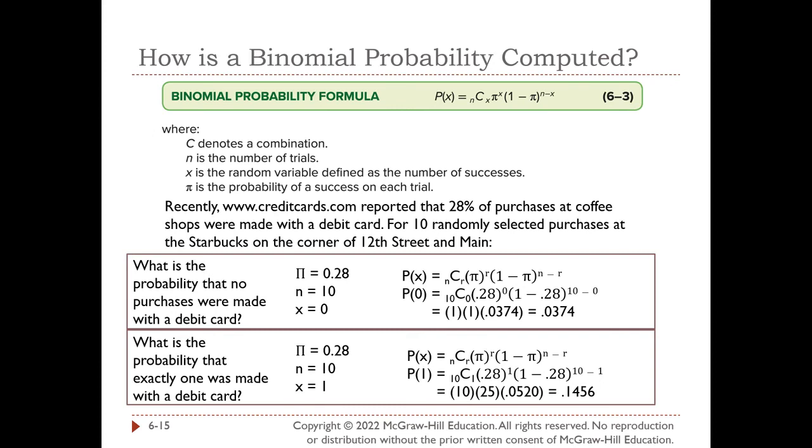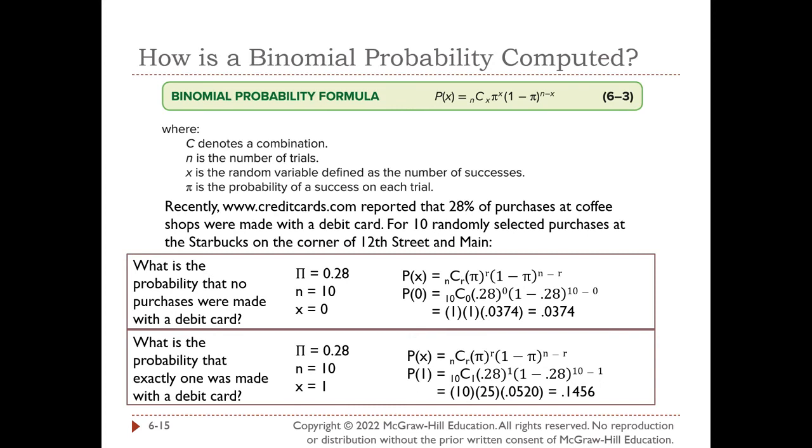It reads the number of trials combined with the random variable defined as the number of successes, times the probability of success of each trial to that random variable, multiplied by 1 minus our probability of success to the number of trials minus the random variable.